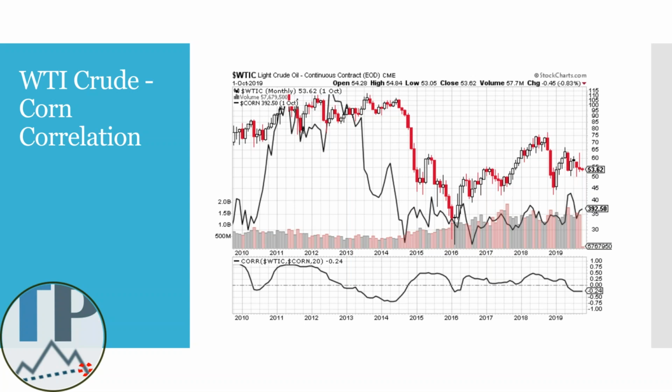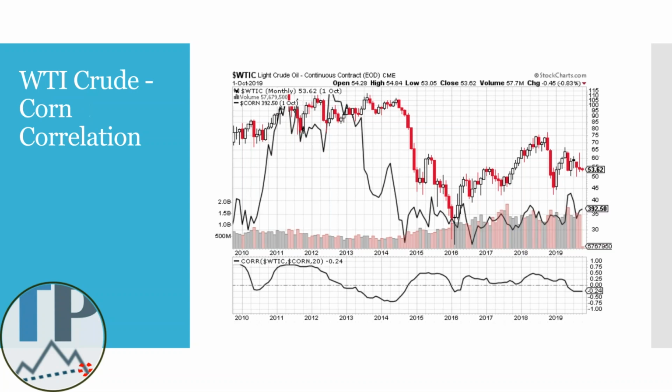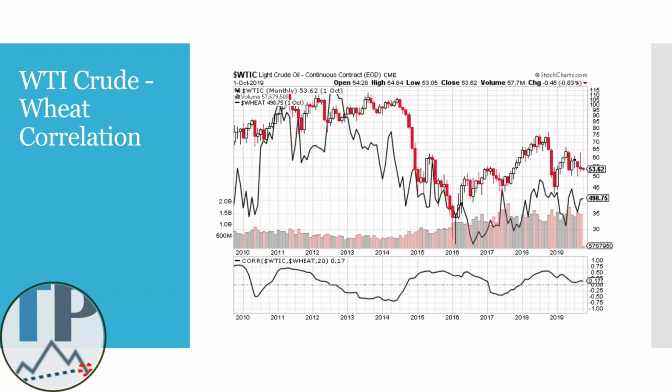So the amount of impact really depends on how dependent a country's economy is, oftentimes, on a certain export product. Looking at this next slide, this is crude versus wheat, WTI crude that is. It's very similar to what we saw in the previous slide with corn, but again, just note how the correlation is not consistently positive.